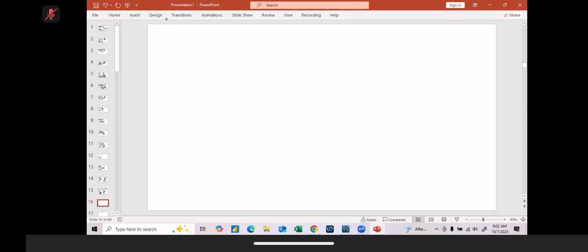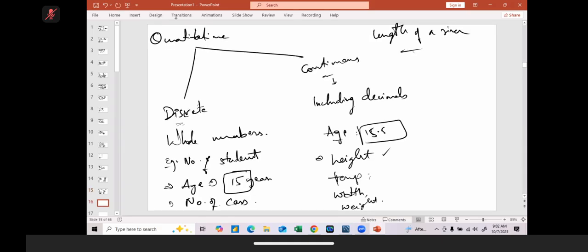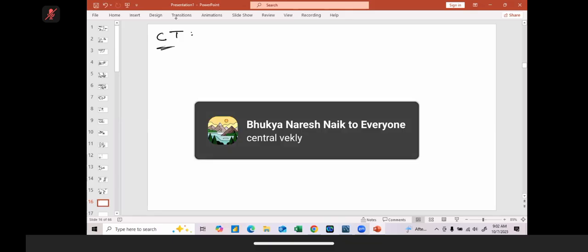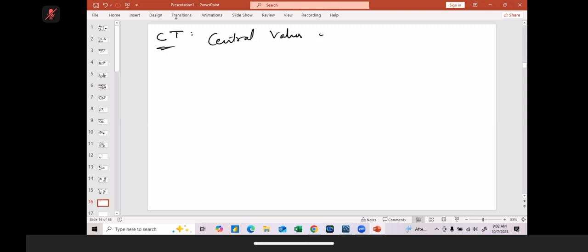Next. Variable, qualitative, quantitative. Next we'll go to central tendency. Meaning of the central tendency. Measure of central tendency: central values of the data.